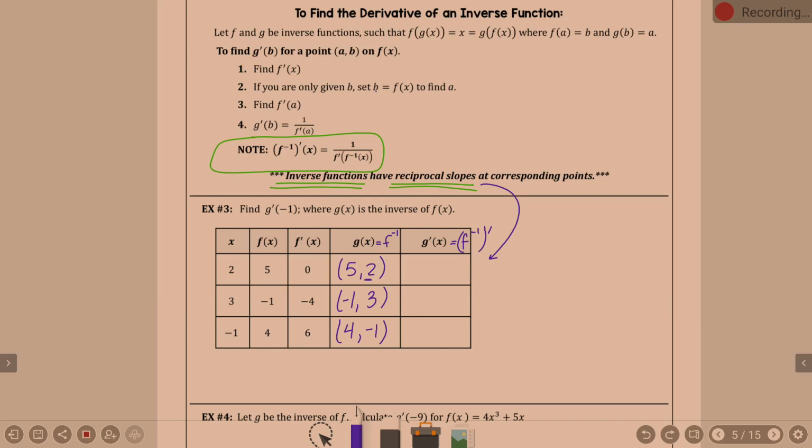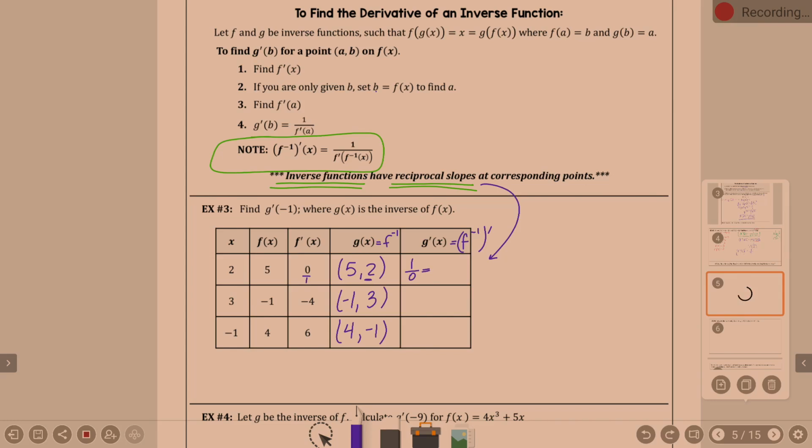What's the reciprocal of 0? Doesn't exist. I think of 0 as a fraction, 0 over 1, so the reciprocal is 1 over 0, which is that undefined slope. I have D and E written down.